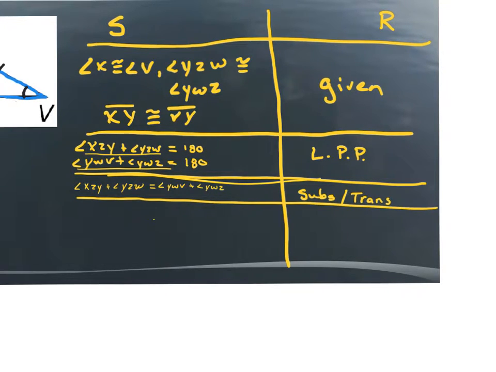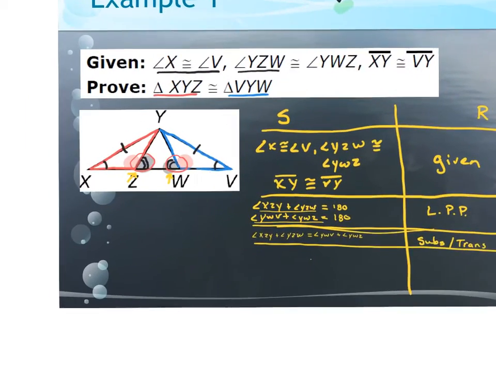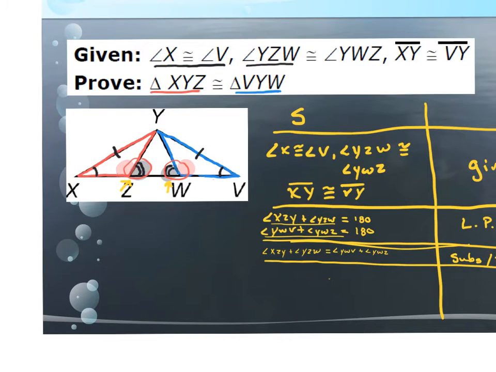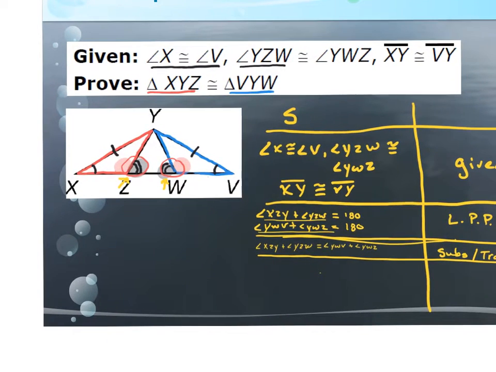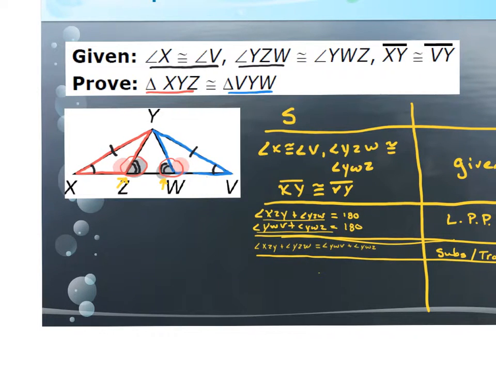Now we made a connection between those angles. Now, ultimately, what we are going to try to say is that if we can say that angle XZY, this guy right here, let me just clean some things up here. I'm sorry, it's getting a little ugly here for me.